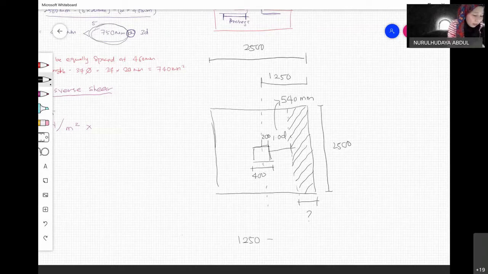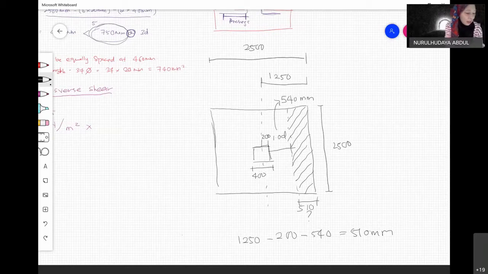We just minus this 200 which is half of your column width, and minus again 1.0D which is 540. Okay. So you're going to get some answer. Hafizah says 510 mm. Okay. So 510 mm. So this one will be 510.